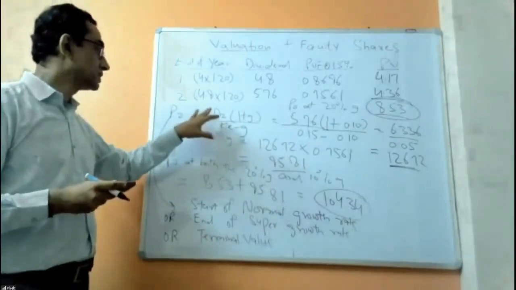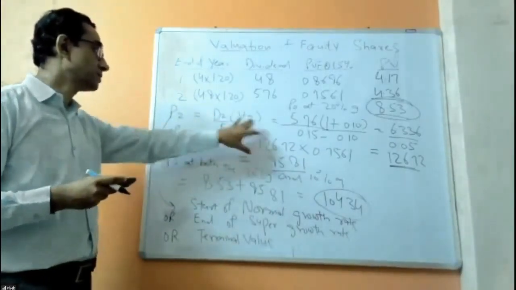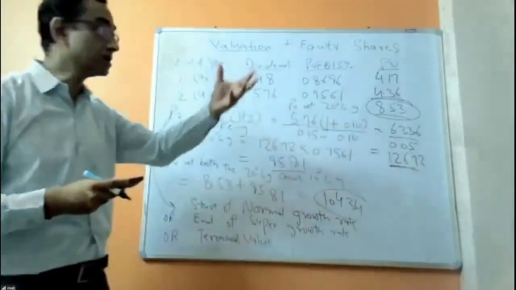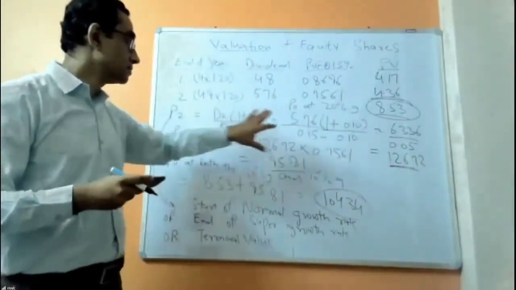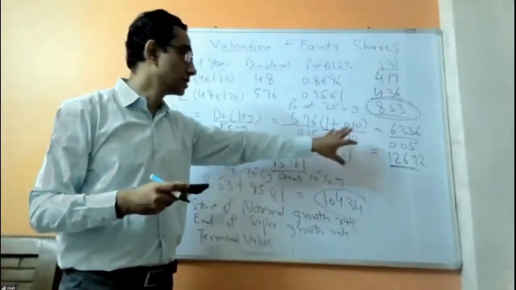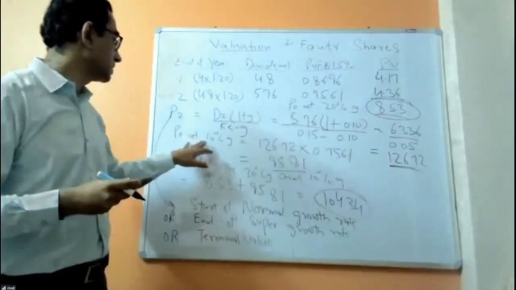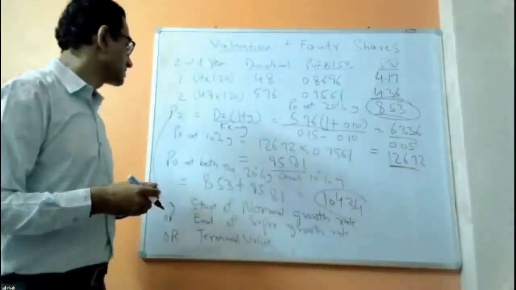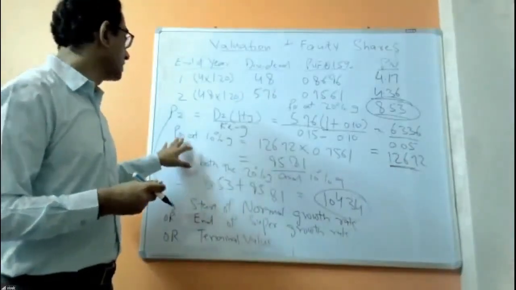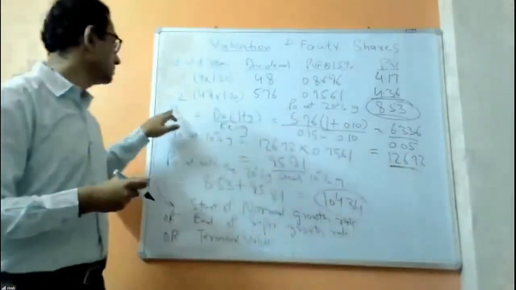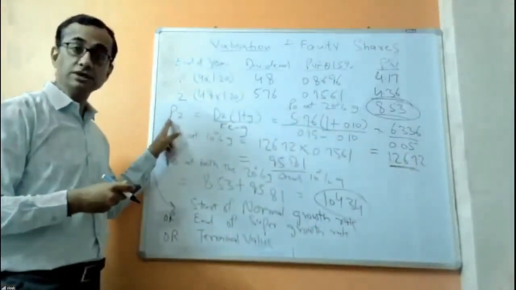We applied the formula, that is the dividend at the end of the second year multiplied by the growth rate. Now the growth rate changes to 10% and it is not 20%. K minus G, discount factor 15% given, and 10% is the present growth rate. We calculated the present value at 10% growth rate as 126.72. 126.72 is actually the present value at the start of the third year.